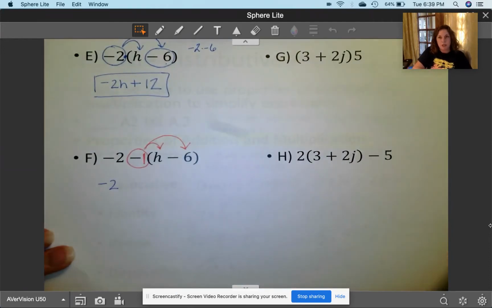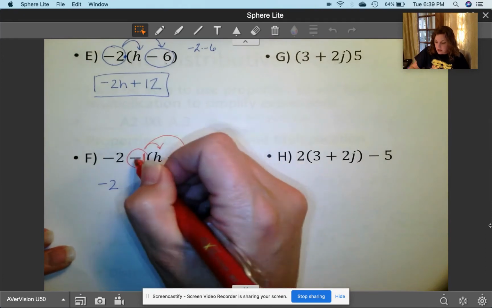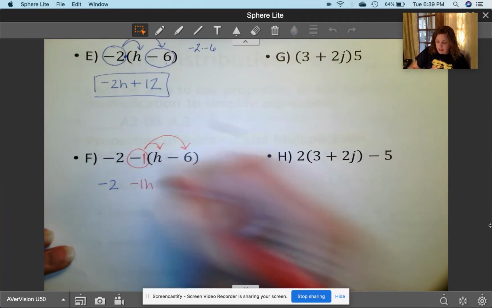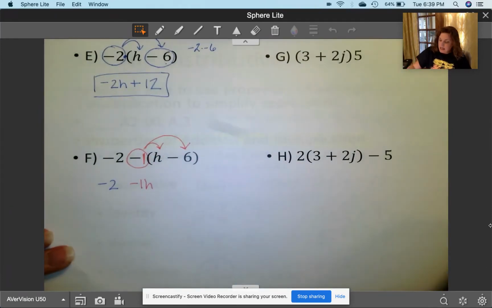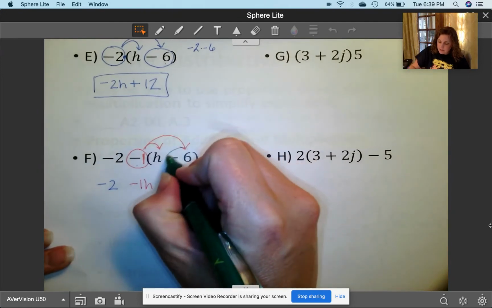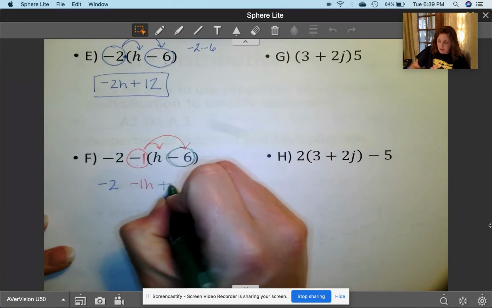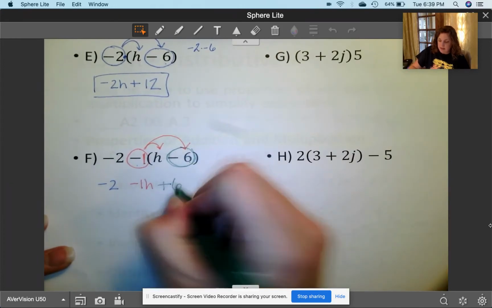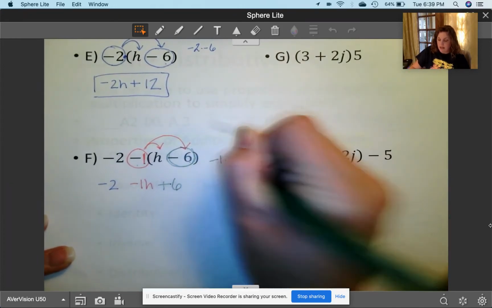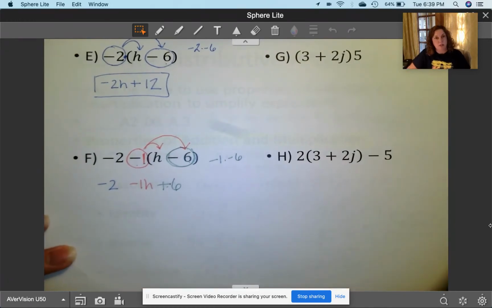Negative 1 times h is negative 1h. And then I have negative 1 times the entire negative 6. Negative times negative is a positive. 1 times 6 is 6. So that's negative 1 times negative 6 gives me a positive 6 result.